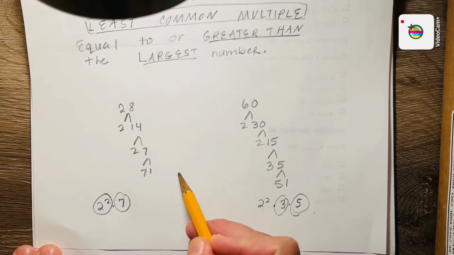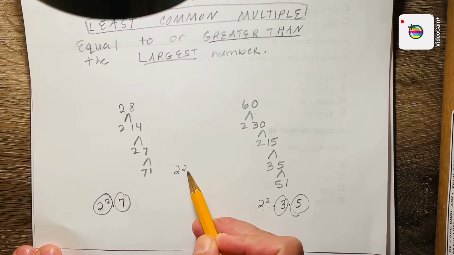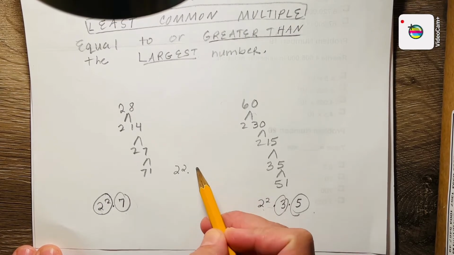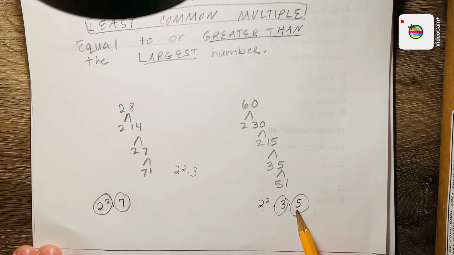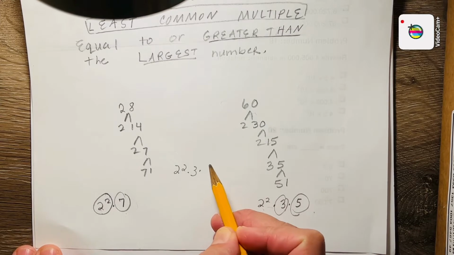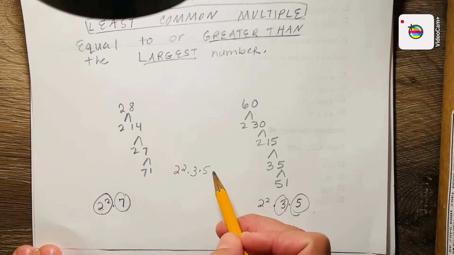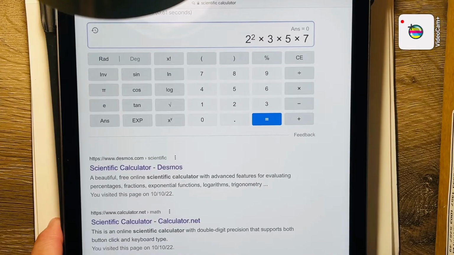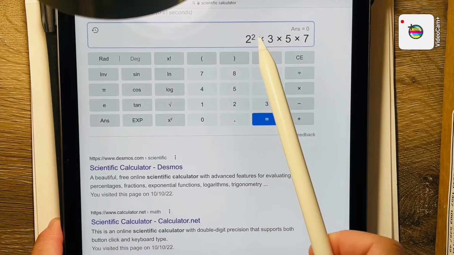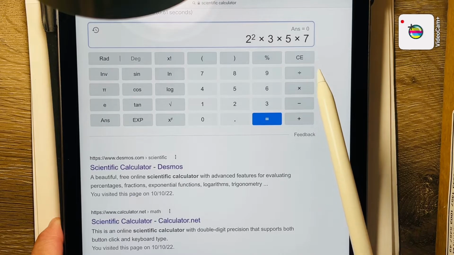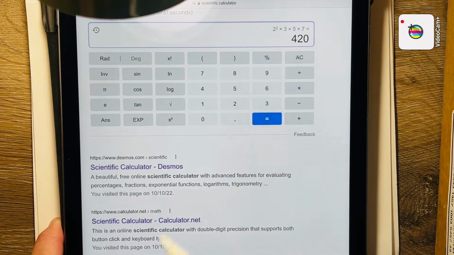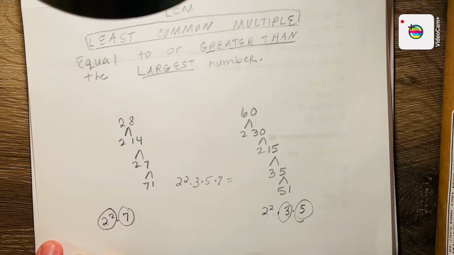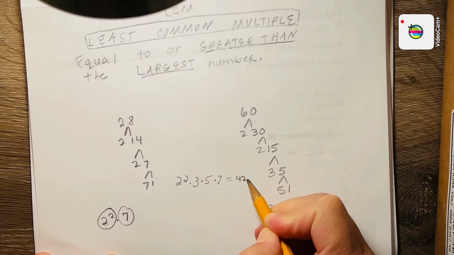All right, so let's write this out. 2 squared times 3, I'm just going in numerical order, times 5 times 7. Okay, so 2 squared times 3 times 5 times 7 equals 420.